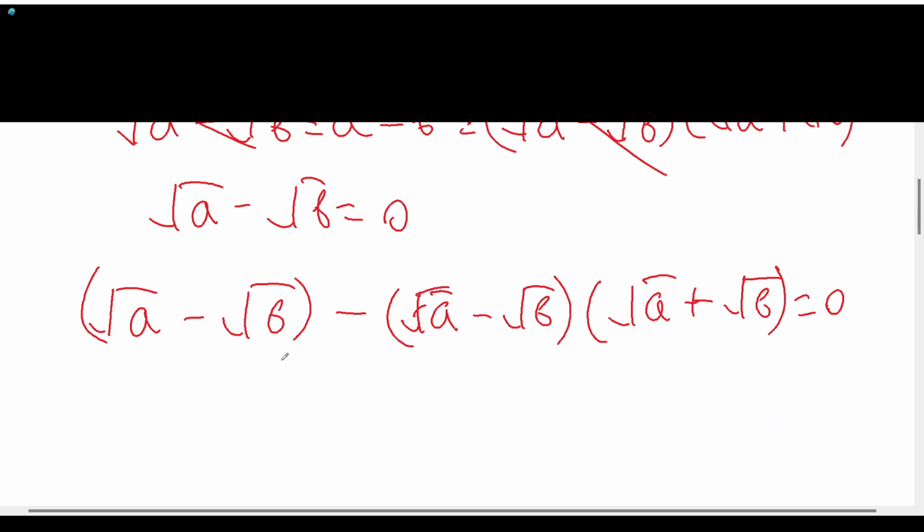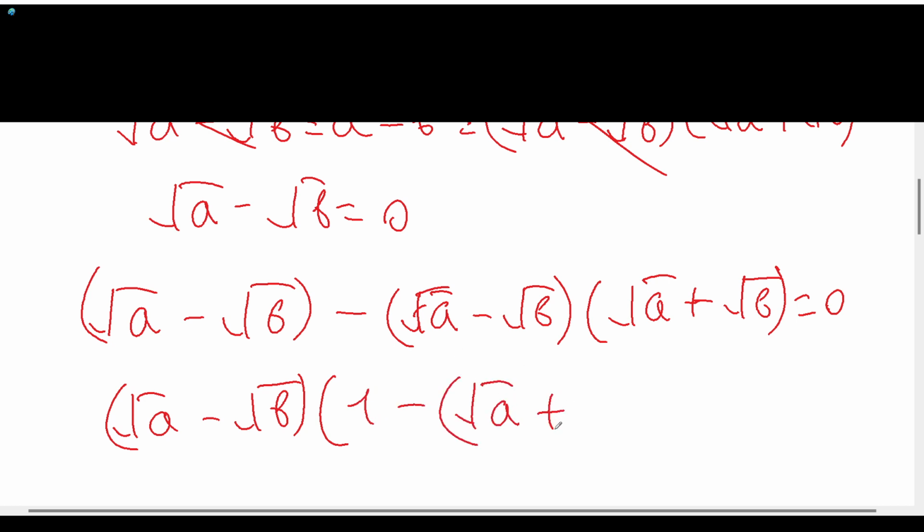And here it is obvious that if we factorize these expressions, we'll get square root of a minus square root of b times 1 minus square root of a plus square root of b.